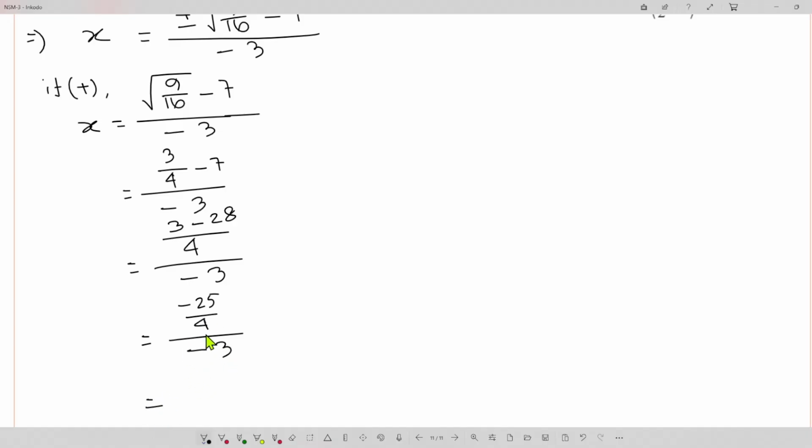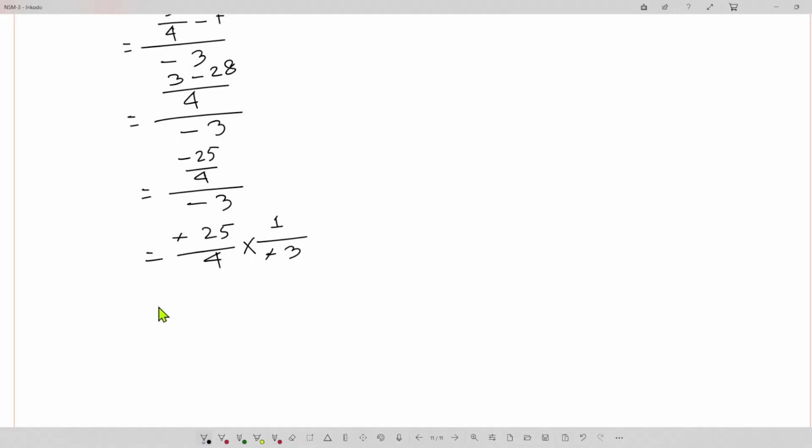Now once we divide a fraction by another, the next fraction will be flipped. In this case, minus 25 divided by 4 times 1 over minus 3, so the minus 3 goes to the denominator. Minus and minus cancel out. Here it is 25, and 4 times 3 is 12, right?